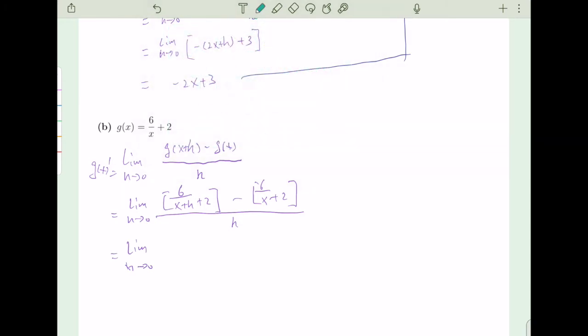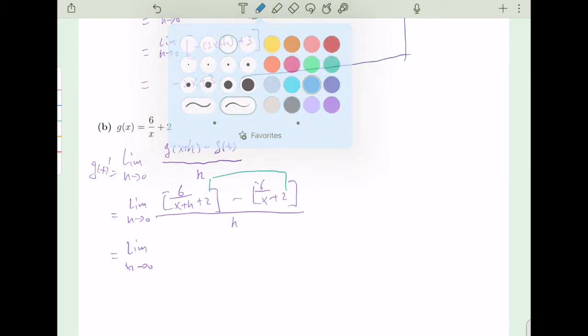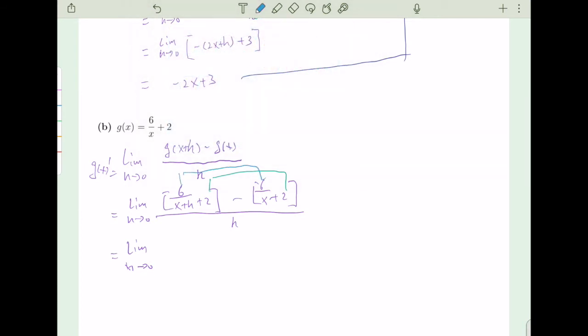Now we group these terms together, and these terms together. Now we have 6 over x plus h minus 6 over x, divided by h.